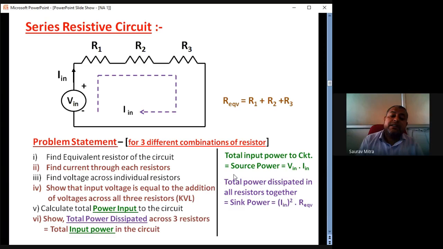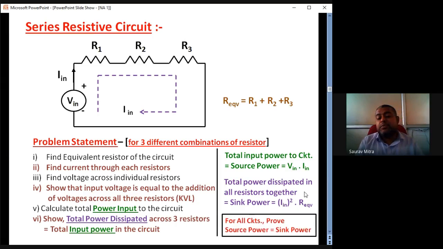Whatever total you get is called dissipated power or sink power. For every circuit, you have to show that the source power is equal to the sink power. Whatever power is delivered by this Vin supply voltage will be equal to the power dissipated in all the resistive components present in the circuit. In this circuit, there are three resistive components.